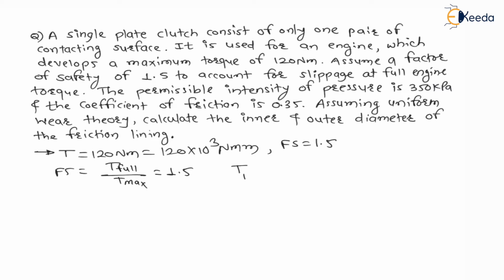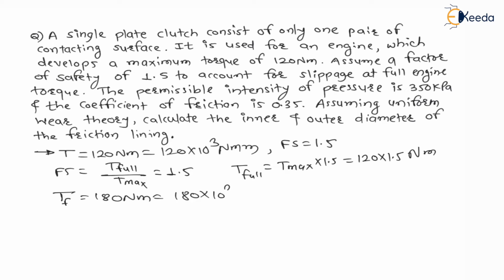Therefore full engine torque will be equal to maximum torque into 1.5, which is 120 into 1.5 Newton meter. Therefore full engine torque TF is 180 Newton meter, which is 180 into 10 to the power 3 Newton mm, right? This will be the full engine torque, but we are considering some factor of safety, which is 1.5. Because of this factor of safety, we are operating the engine at 120 Newton meter only.